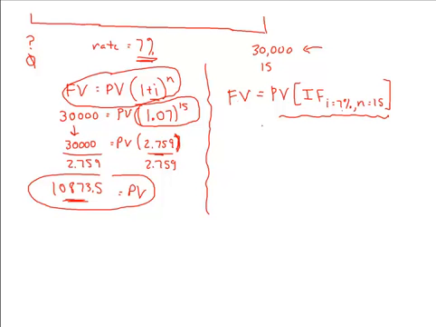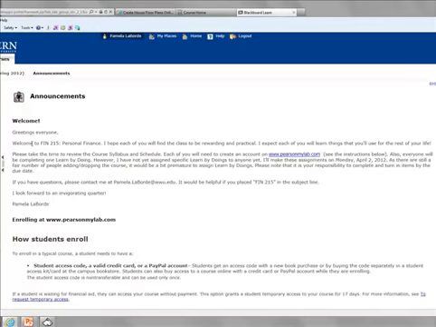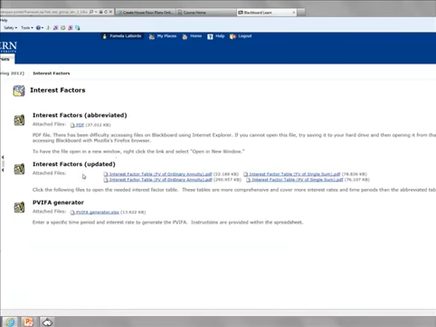Well, on the Blackboard website, I've got a ton of stuff open. I've got to find it. Let's see. On the Blackboard website, if you go down to interest factors, I've created an interest factor generator. I've also created some tables that have different interest factors, and I'm going to use the tables to show you.